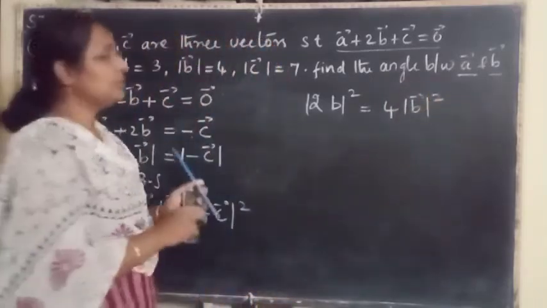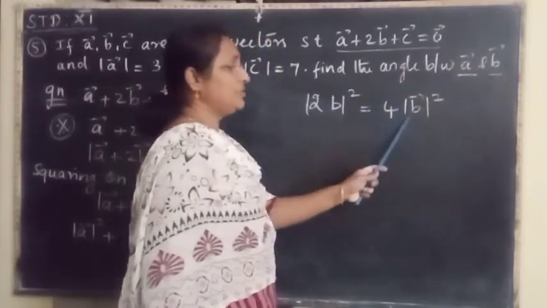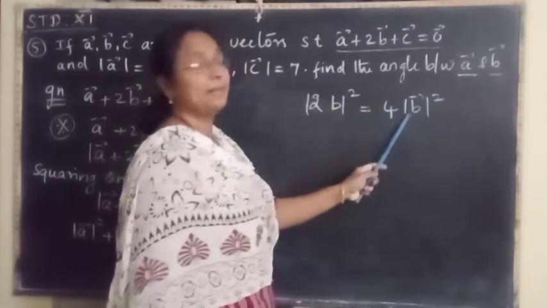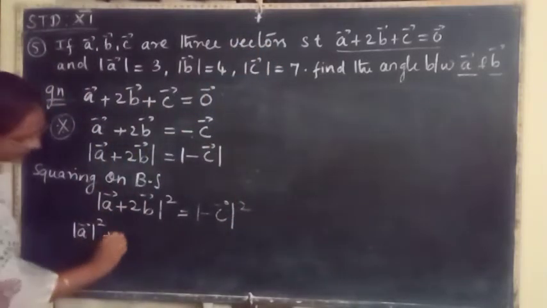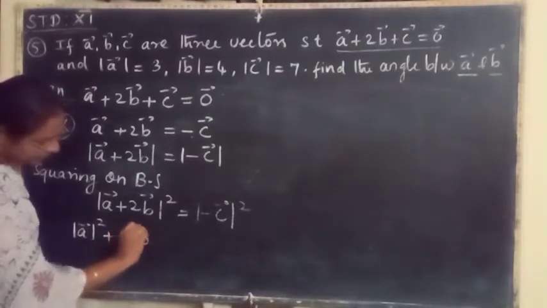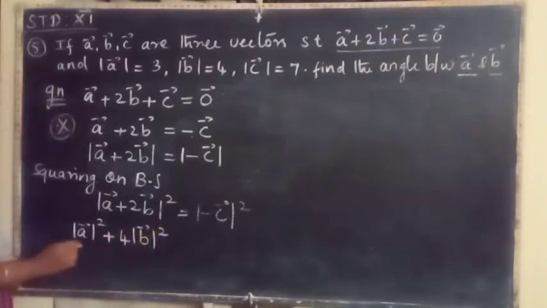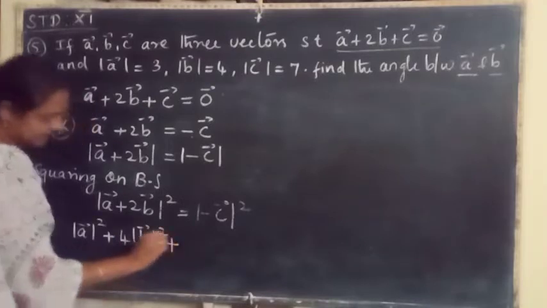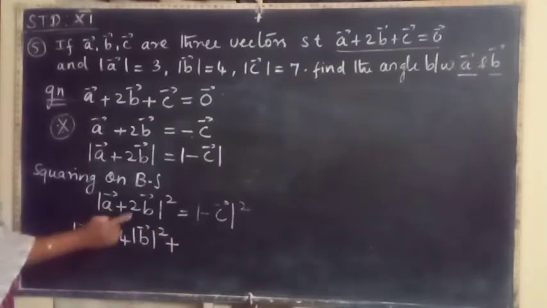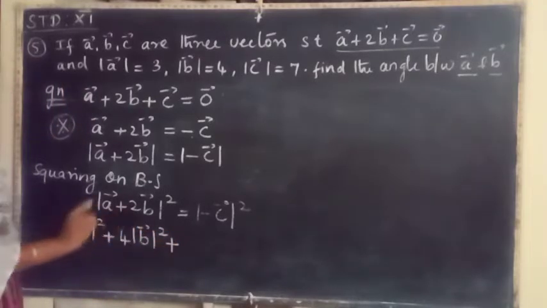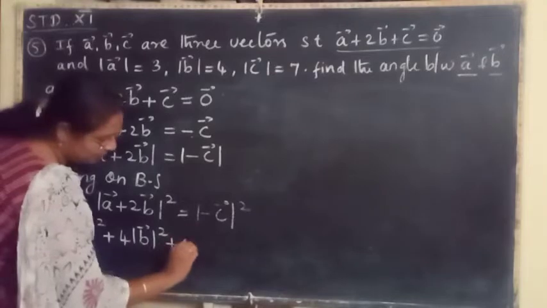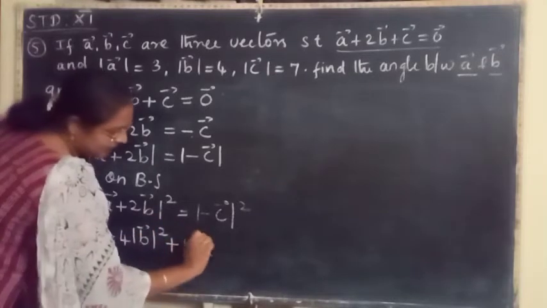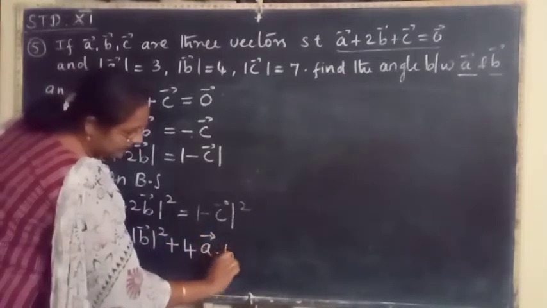I give the modulus value only for the B vector, so on squaring I will get 4 into modulus of B vector the whole square. Now A squared plus B squared plus 2AB, that is 2 into A into 2B, so plus 4 into A vector dot B vector.